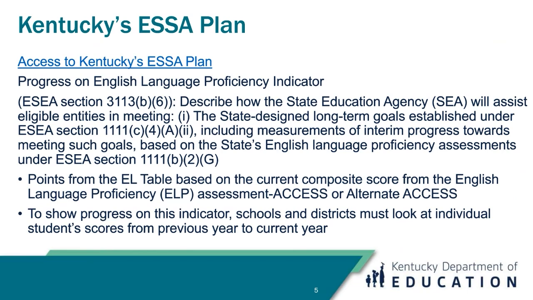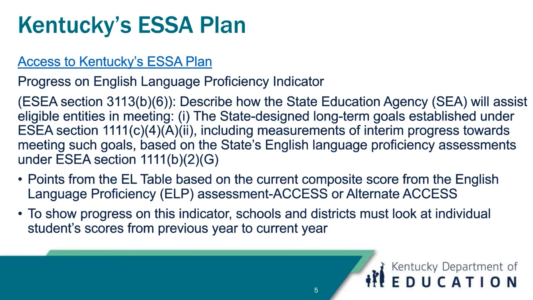And you'll see those particular growth tables, and it'll be able to show progress on this indicator for our schools and districts to be able to look at that. We'll show how our schools and districts must look at individual student scores from previous year to current year to be able to start with status. And then later in the presentation, Ben will talk to us about change.